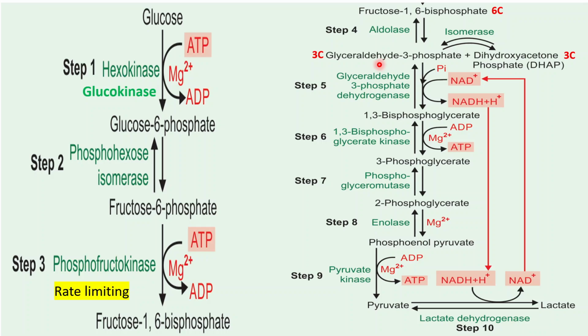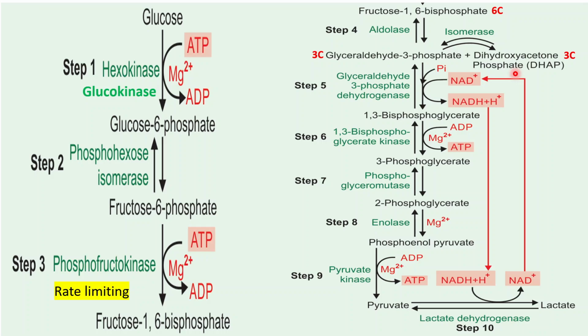The other thing I want to mention is that dihydroxyacetone phosphate can further lead to formation of glycerol, which is utilized for triglyceride synthesis. So from glycolysis we also get glycerol, which is used in triglyceride synthesis. This is also a link between carbohydrates and fats.